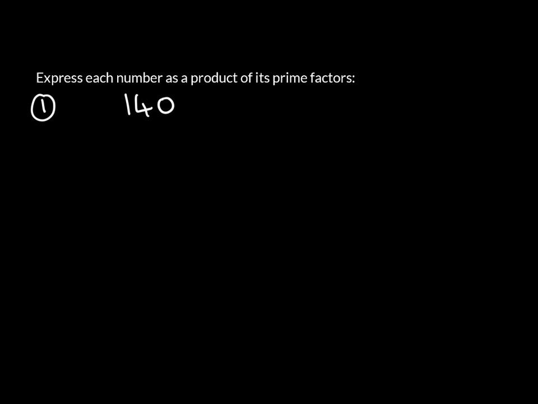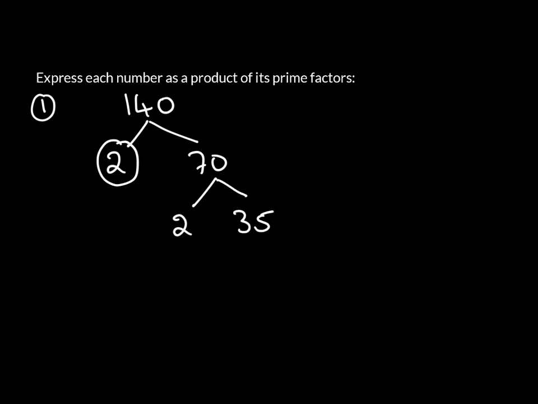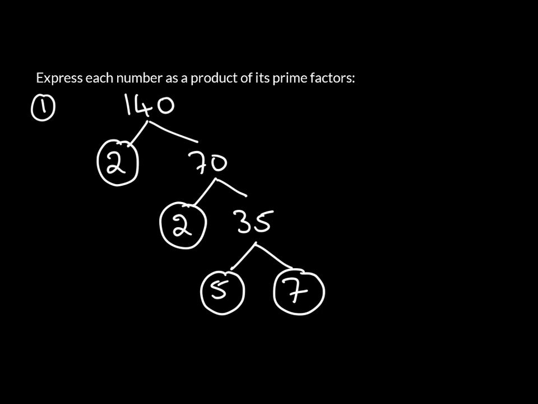Let us express 140 as a product of primes. 140 is 2 times 70, and 2 is a prime number. 70 is 2 times 35, and 2 again is a prime number. 35 is 5 times 7. So 5 is a prime number and 7 is a prime number.